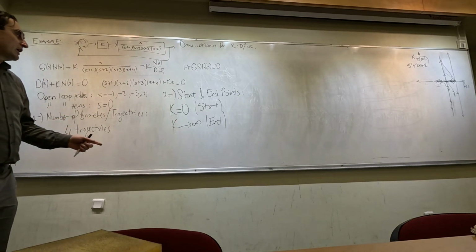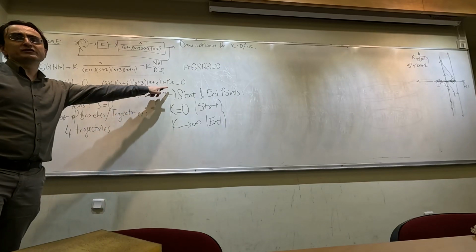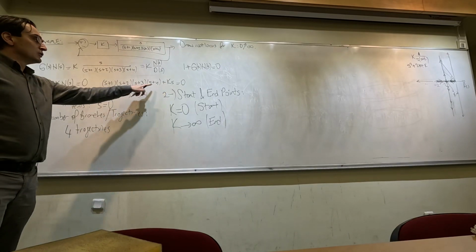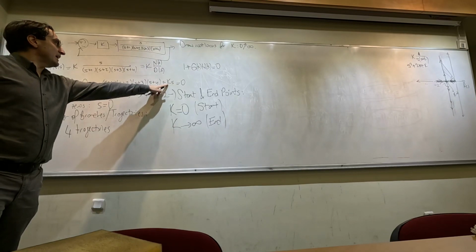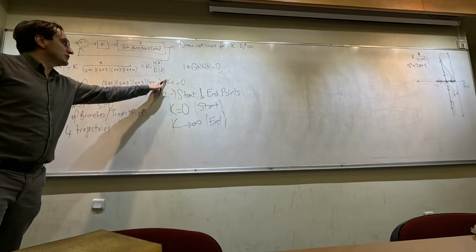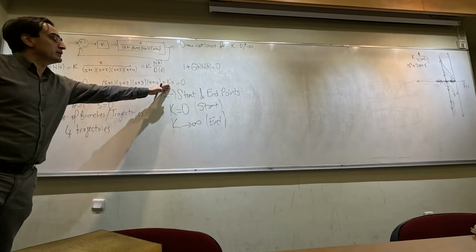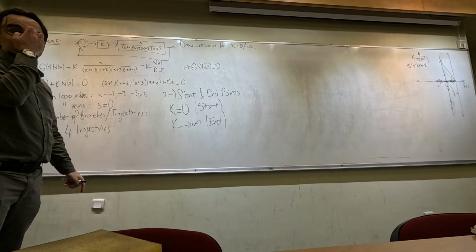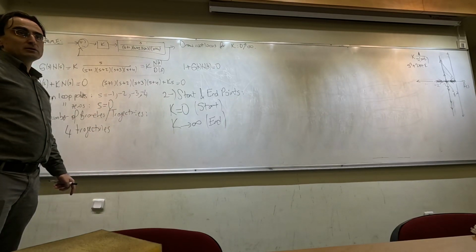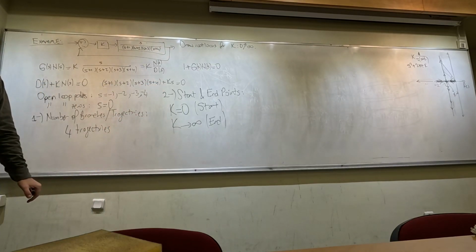Let us first look at the start point of the root locus. This is the equation that I need to satisfy. So what happens when k is equal to 0? When k is equal to 0, I have this term disappearing. And where are the roots of this polynomial when k is equal to 0?